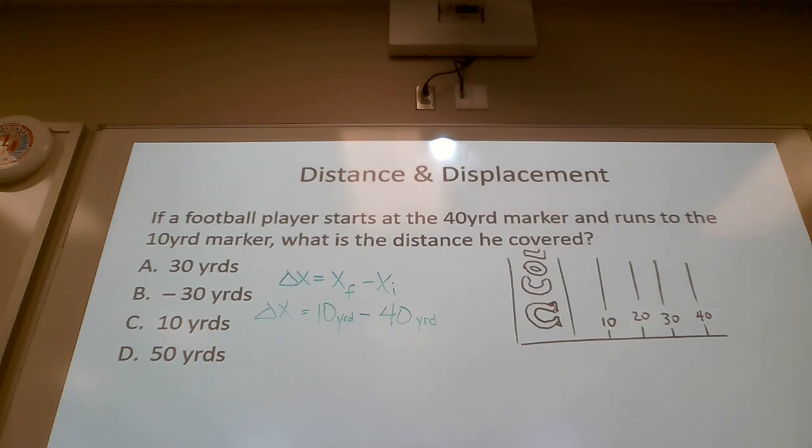Correct answer is A. Everybody go with that? Okay. So that's our first comparison between distance and displacement.